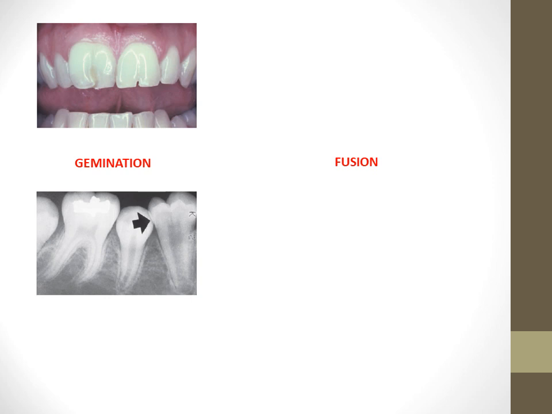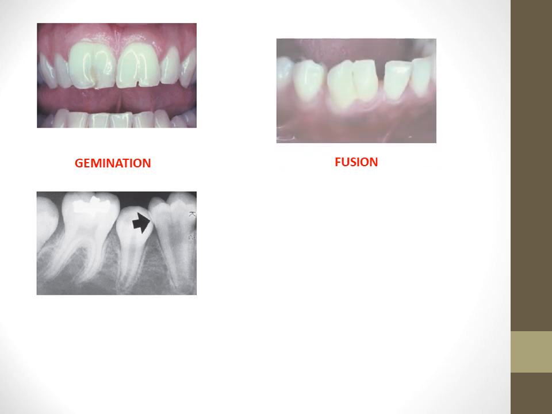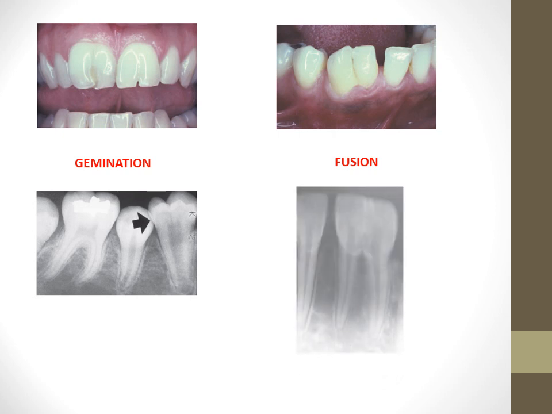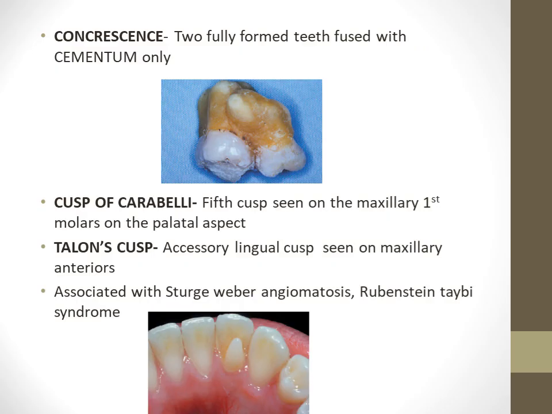Radiographically, this is the exact picture where a single tooth is split into two crowns. Whereas in fusion, you have two teeth that are fused together to form one tooth. So this is a classic picture for fusion, where two teeth are fused together to form one tooth.